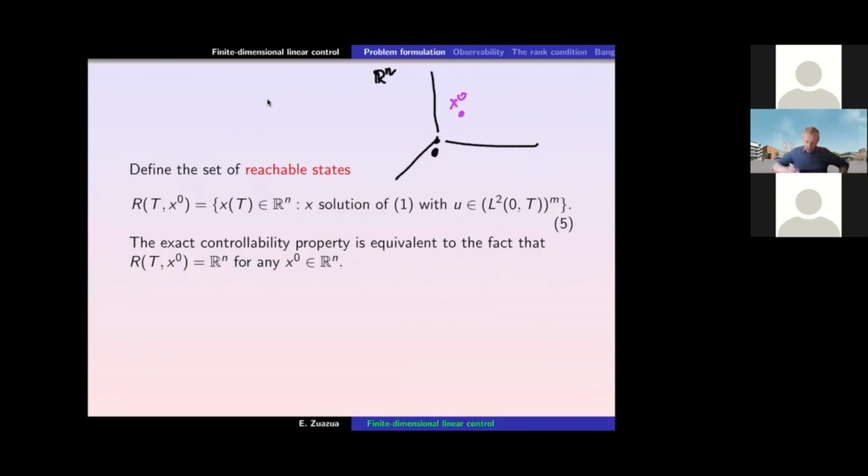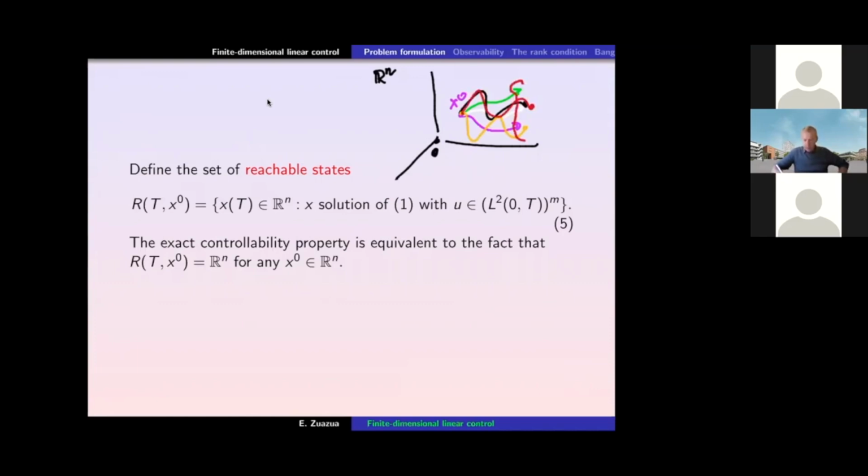And what are we doing then? What we are doing is just building trajectories. So you give me a u, and this will give me a trajectory. You give me another u, and this will give me another trajectory, and so on.